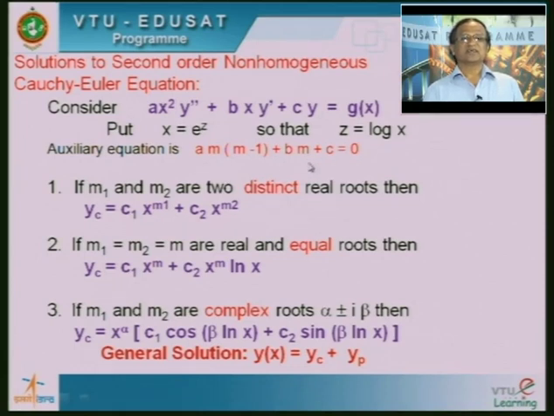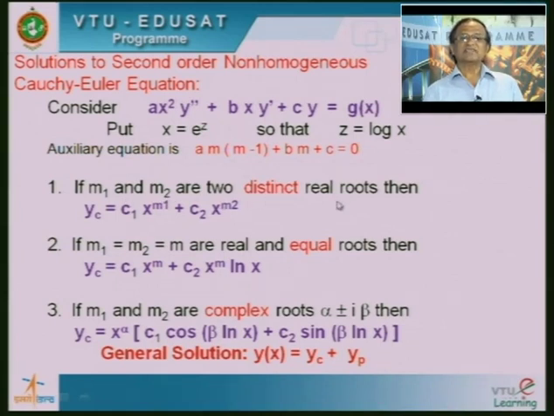This is the standard auxiliary equation for the second order non-homogeneous Euler equation. Suppose I obtain two roots, namely m1 and m2, because the order of this equation is 2, I can obtain two roots.